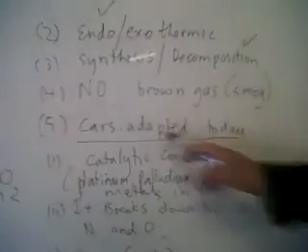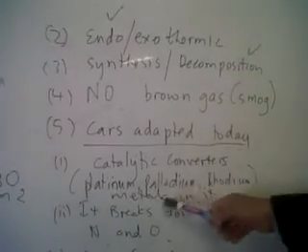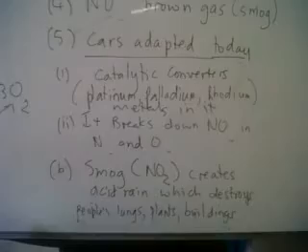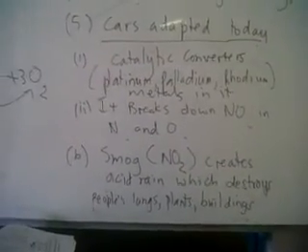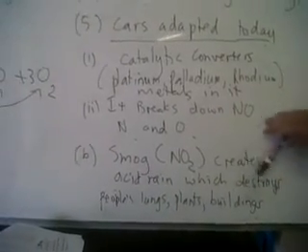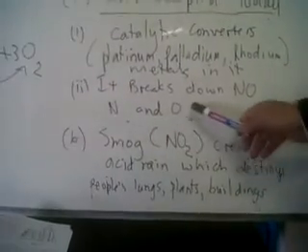Now they ask you, how are cars adapted today? They have catalytic converters, which are made of platinum, palladium, or rhodium. This is too expensive, they don't use it in that. What happens is, these catalytic converters break up this nitrogen oxide into nitrogen and oxygen.